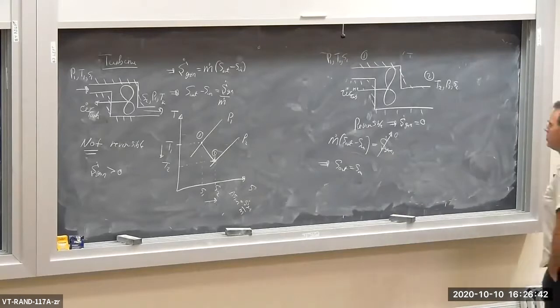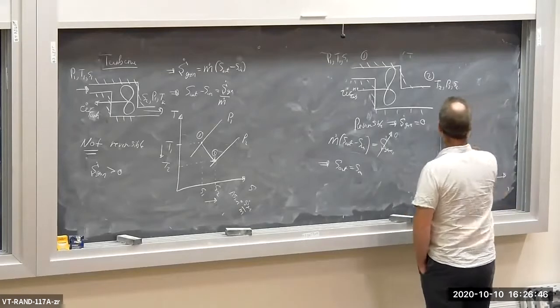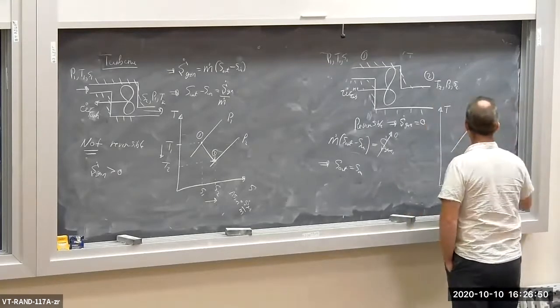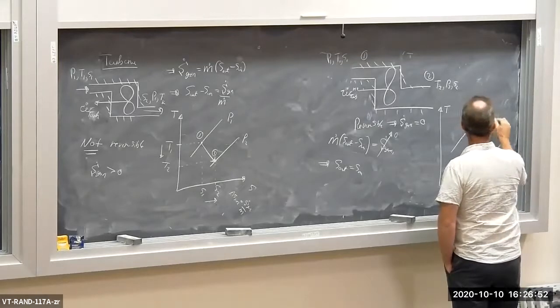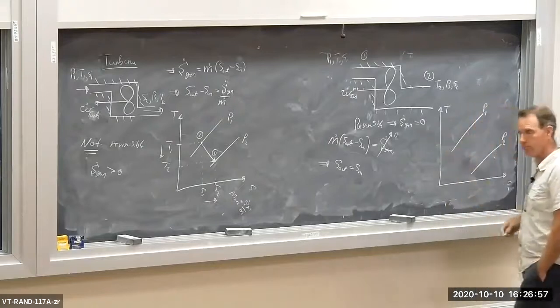So on the TS diagram for the reversible turbine, here's our two isobars. P1 and P2 are the same as for my regular device.